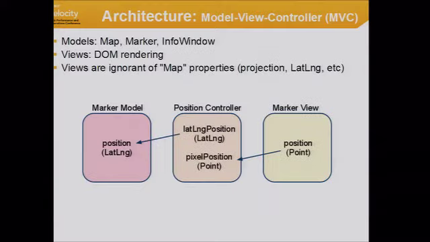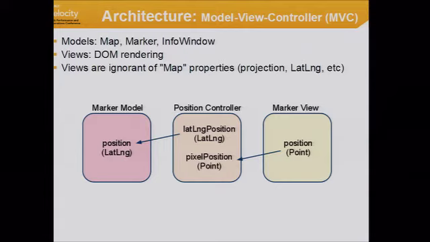Here's what it looks like. So in the case of a marker or an info window, the model stores a position. This is in lat-long space. We then have this controller that knows how to convert between lat-longs and DOM pixels, because of course the lat-long isn't necessary at all when you're actually rendering something in a DOM.